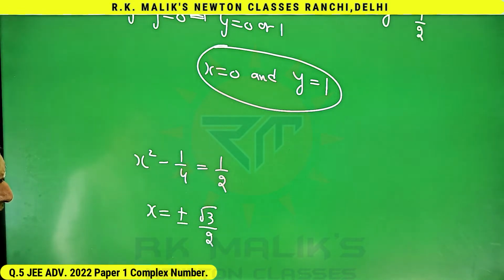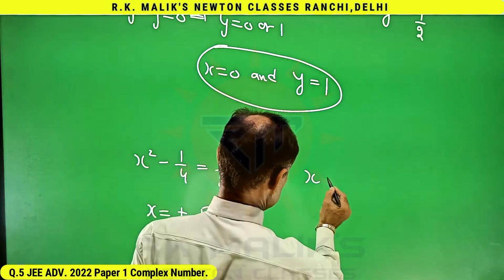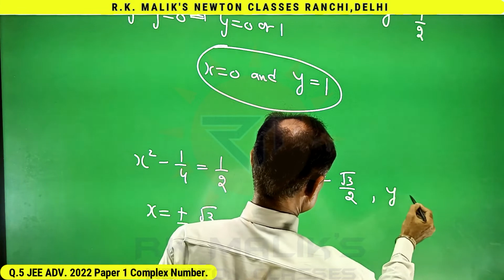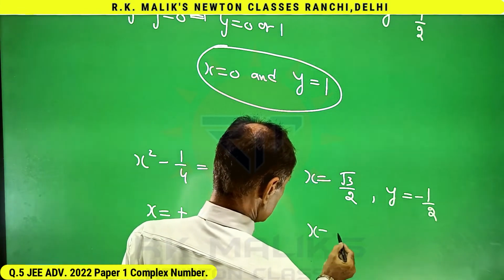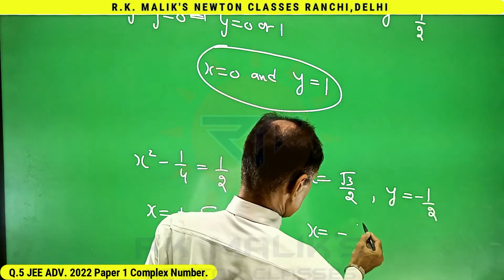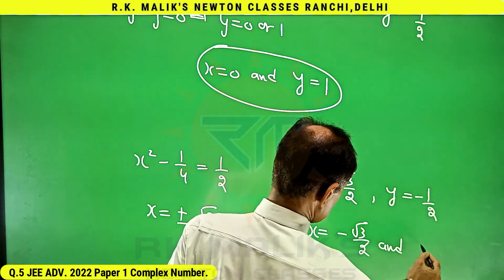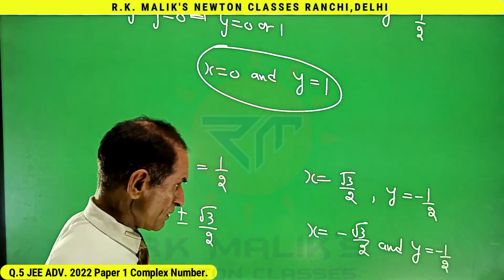root 3 by 2. That is, two more possible solutions we have got are x equal to root 3 by 2, y equal to minus 1 by 2, and next possible is x equal to minus root 3 by 2 and y equal to minus 1 by 2.